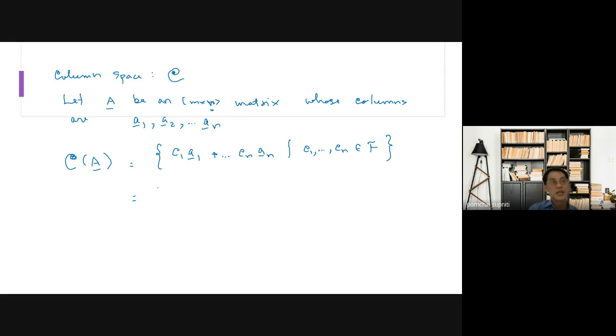Alternatively, equivalently, we can write it as the set of A multiplied with the vector C1, C2, all the way to Cn, where C1 all the way to Cn are elements in the field. So this is a formal definition.